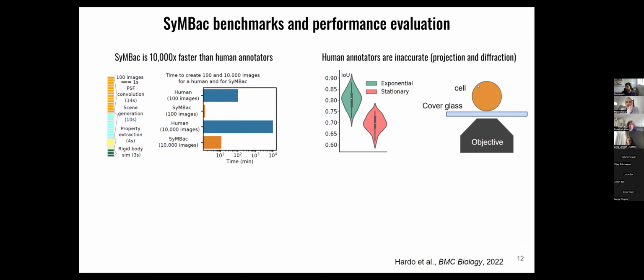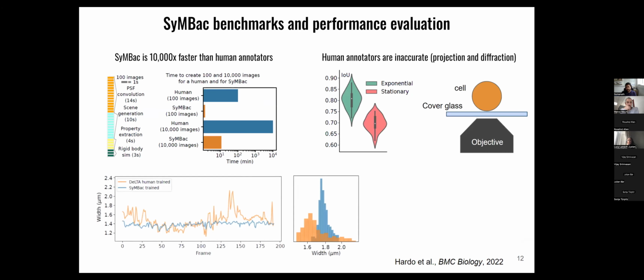And this comes from the fact that we're looking at a two-dimensional projection of a 3D cell, which makes it difficult to identify exactly where the cell actually ends from looking at the contrast. And these inaccuracies in the ground truth data actually lead to inaccuracies in the performance of the machine learning model, because the model learns these inaccuracies.